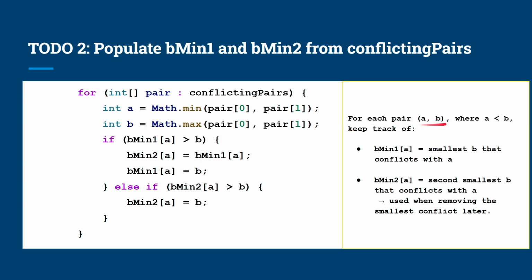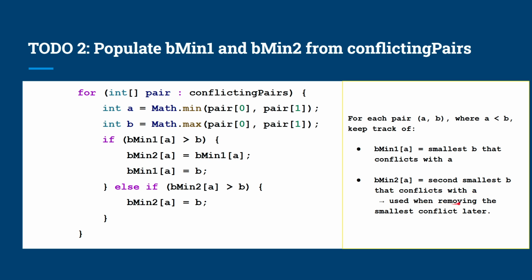What we are trying to do here, for each a and b, let's suppose we have a and b, right? First we will check that a is less than b, obviously. That is a pair, right? So we have to keep track of b min at a, which means the smallest b that conflicts with a, and b min at 2 means the second smallest b that conflicts with a, right?